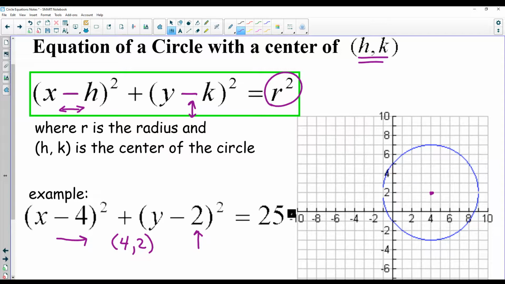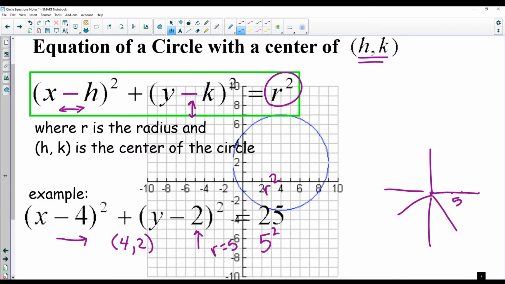Now, the radius is not 25. Remember, this is the radius squared number. So sometimes you just have it written as 5 squared, but that means that the radius is 5. 1, 2, 3, 4, 5 in all directions. Okay, so that's what we need to look for.